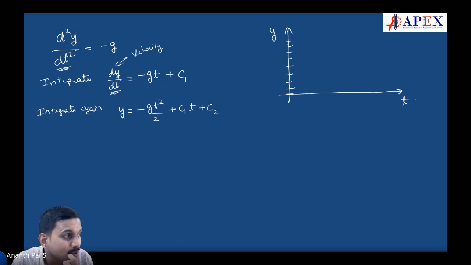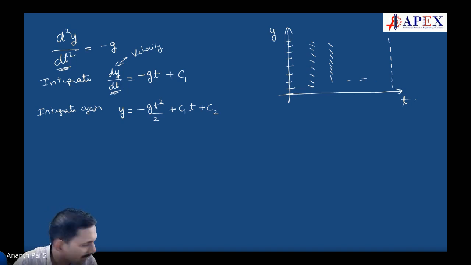As t goes on increasing, what will happen? The slope changes to negative slope. This will have a bit negative slope, this will have more negative slope, and when it goes to infinity, it will have almost like this.